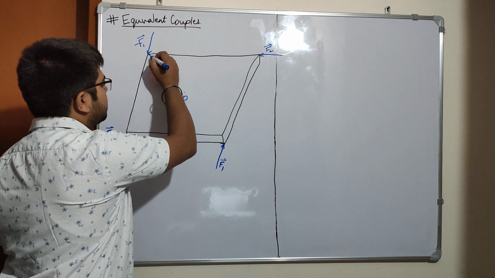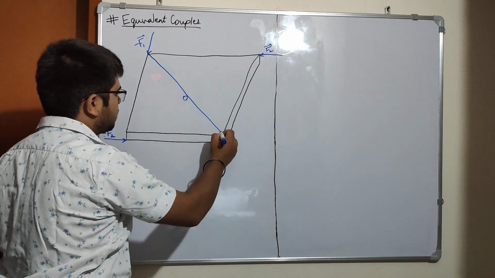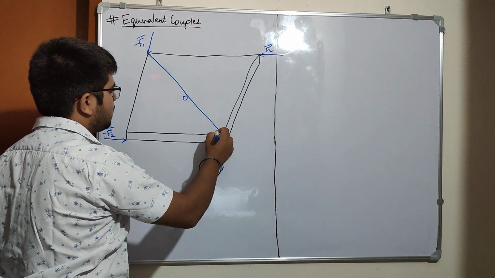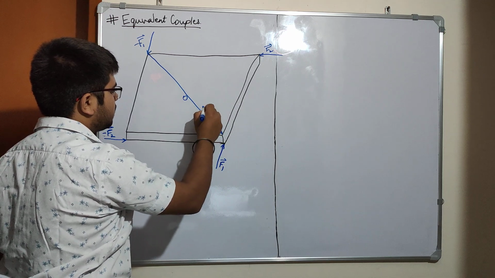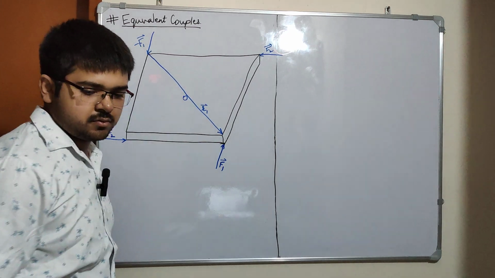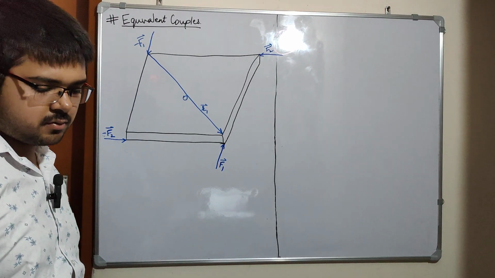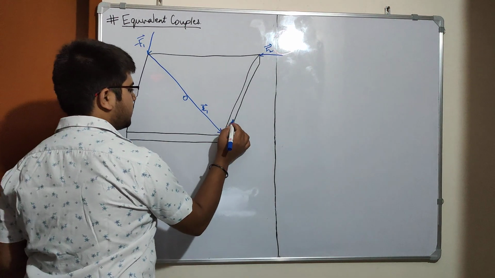So if I join these two together, I'll get R1 vector, and this is theta.